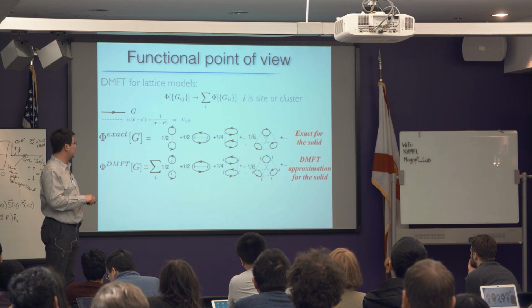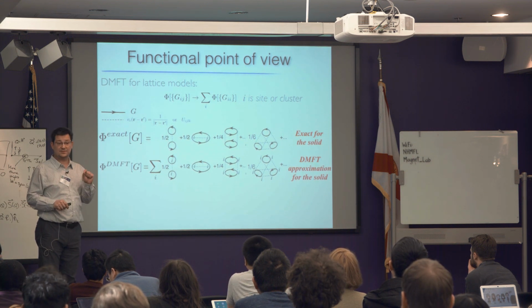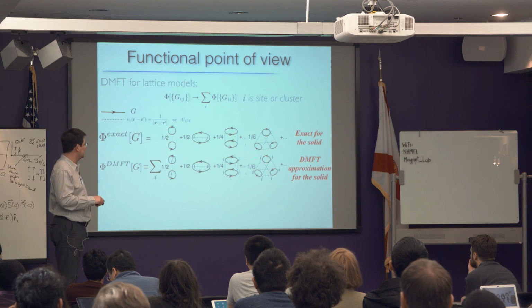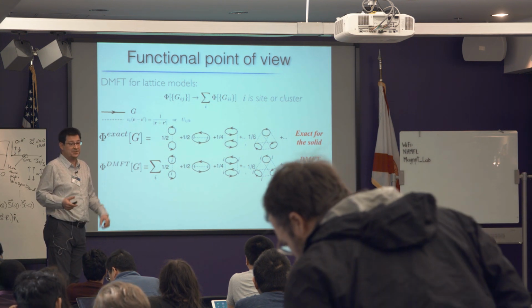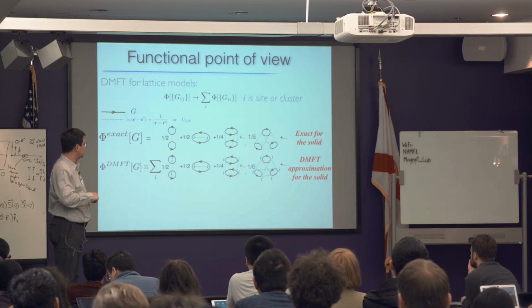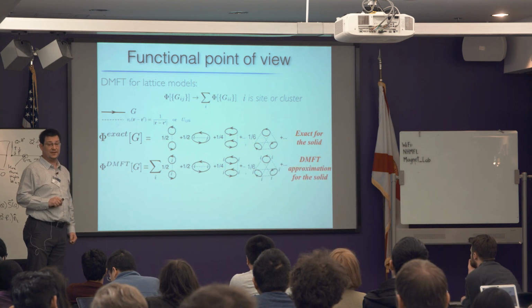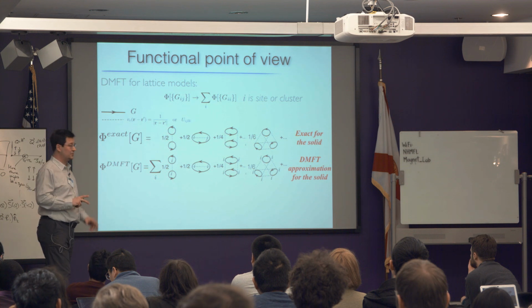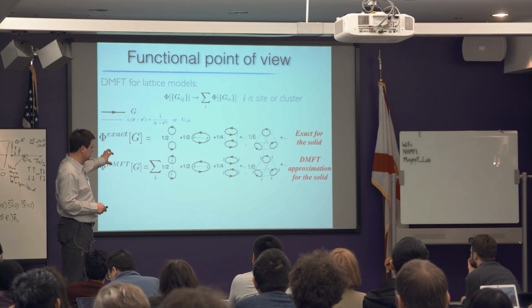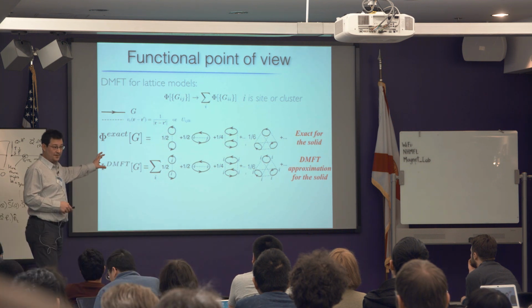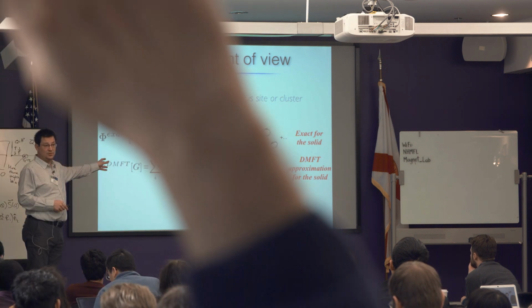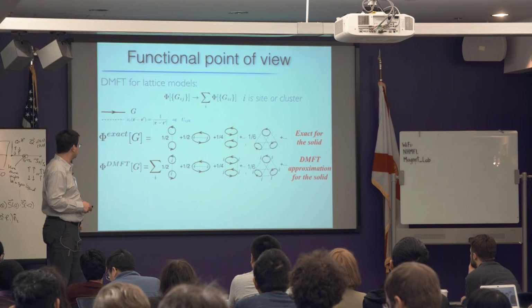And these propagators here are the fully dressed propagators, that's the physical Green's function, and then everything is truncated to the same site, so therefore only the local interaction enters, isn't it? So that's the DMFT approximation for the solid, okay? And it's very similar to what you do in DFT, except that here you map to an ion rather than to a point in 3D space, okay?